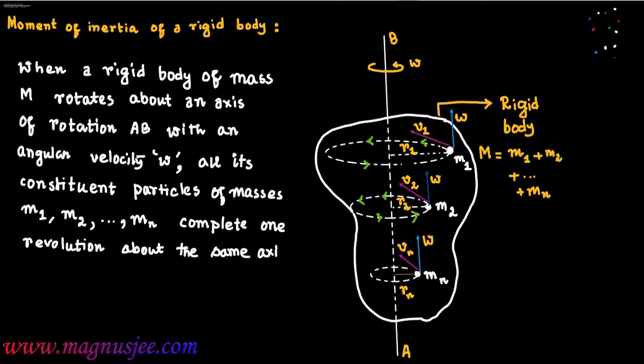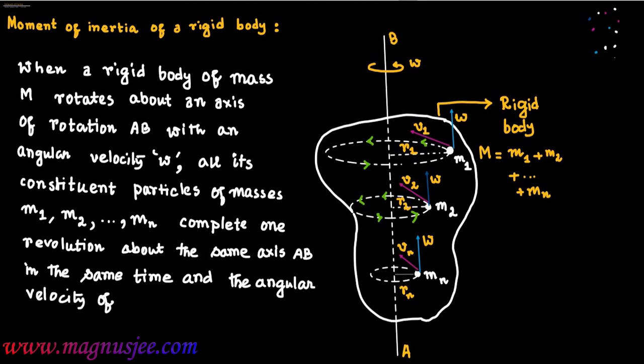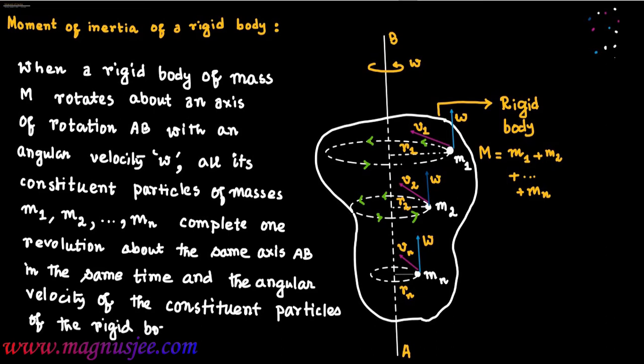A revolution about the same axis of rotation AB in the same time, and the angular velocity of the constituent particles of the rigid body will be the same.